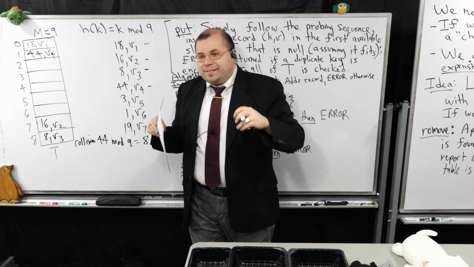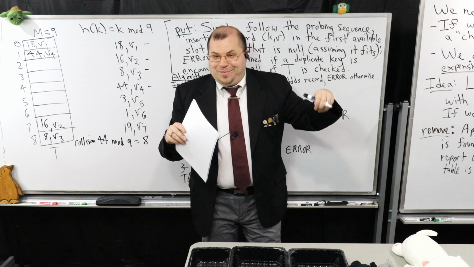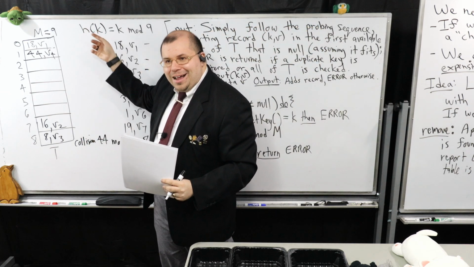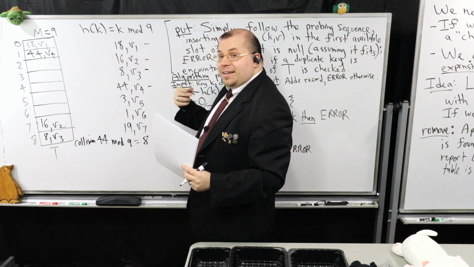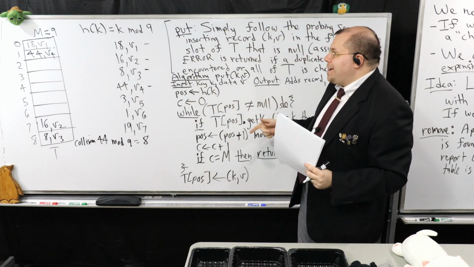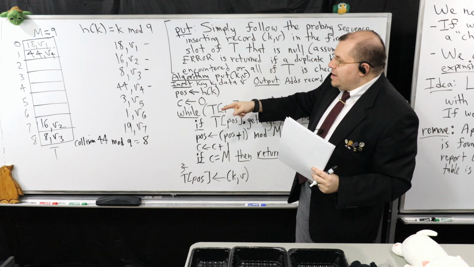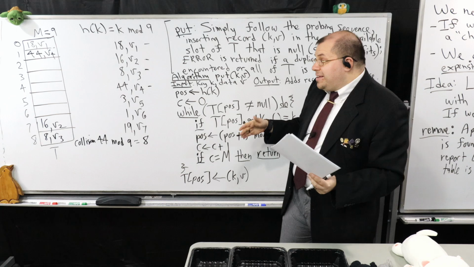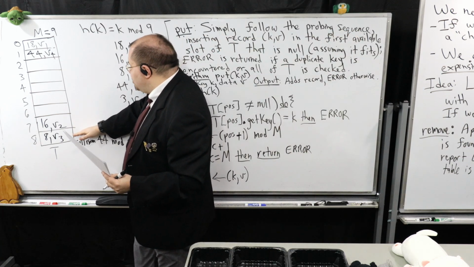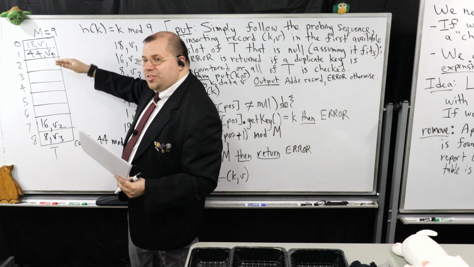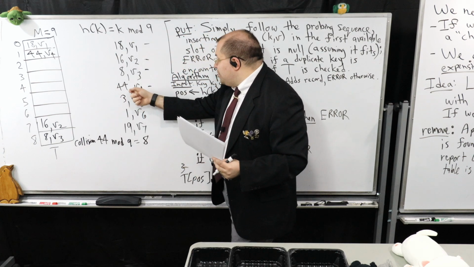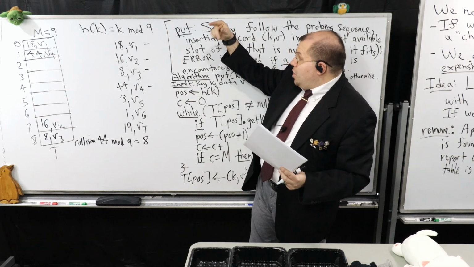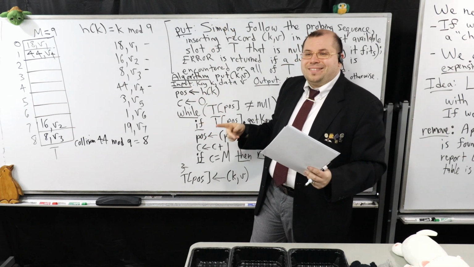All I'm doing is making these little hops like I'm a bunny rabbit, and I try each one until I find a spot I can put it in. But notice as I'm going through this probing sequence, if I don't find my spot right away, it may be somewhere along my journey through these hops. Because remember, if it has the exact same key, it had to have gone through the same set of hops at some point.